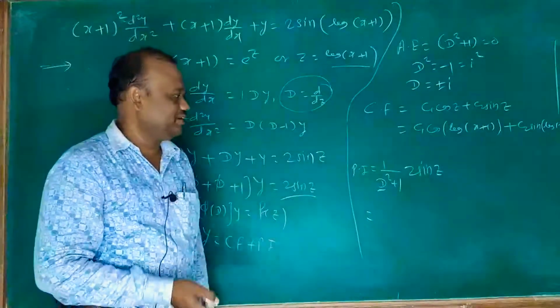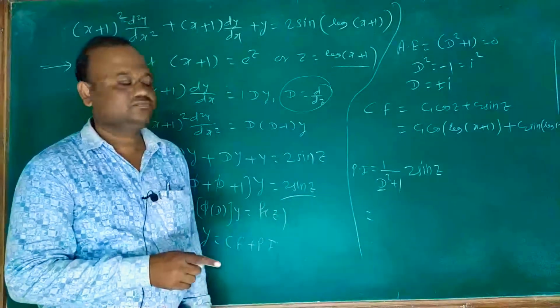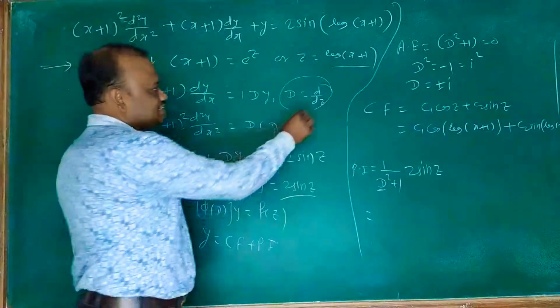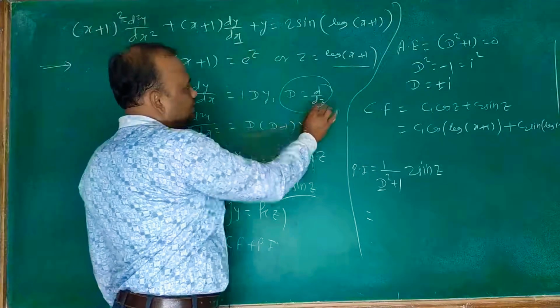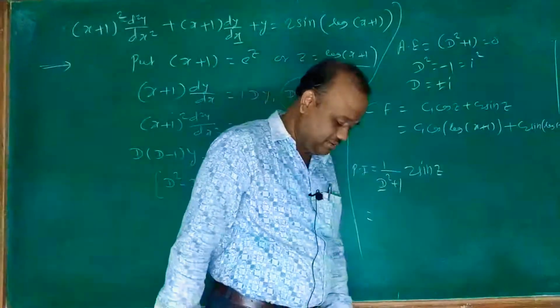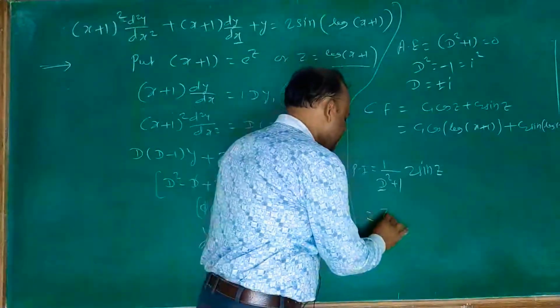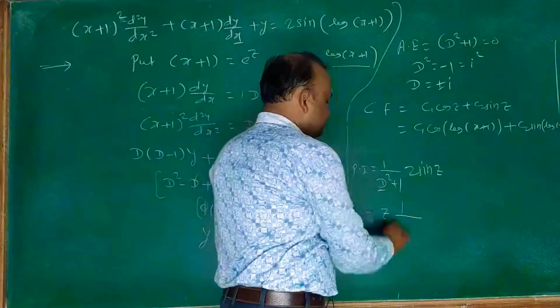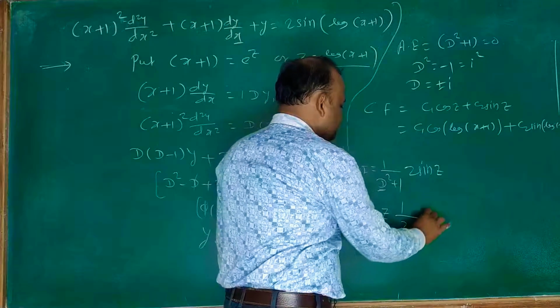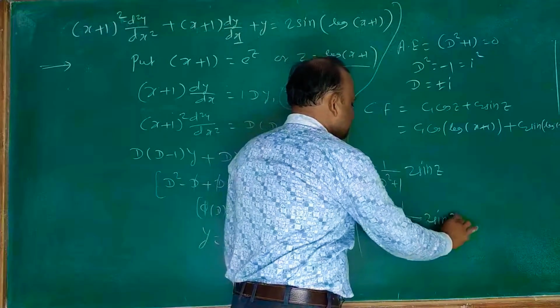Here we have to multiply by x, or rather z, because capital D is d by dz, meaning the independent variable x is converted to z. So instead of multiplying by x, multiply here by z and take the derivative of the denominator, that is the derivative of D square plus 1 is 2D, into 2 sin z, right as it is.